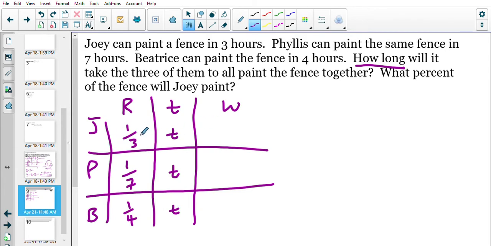So Joey's work is his rate times time, so his amount of work is T over 3 fences painted. Phyllis's work is T over 7, and Beatrice's work is T over 4. And we know that altogether this work adds up. If we add those all up, we get 1 fence.